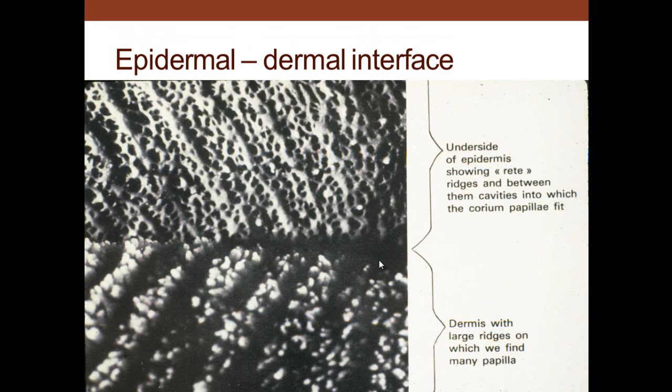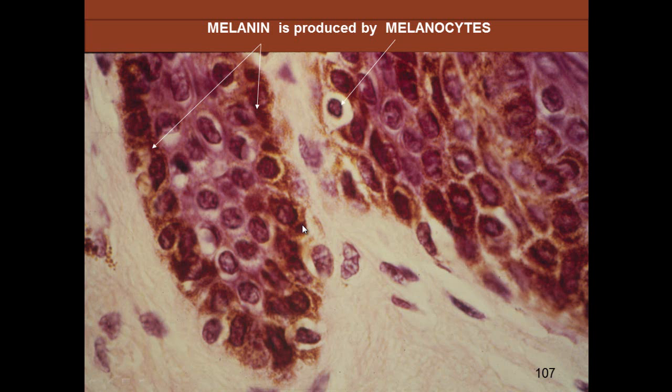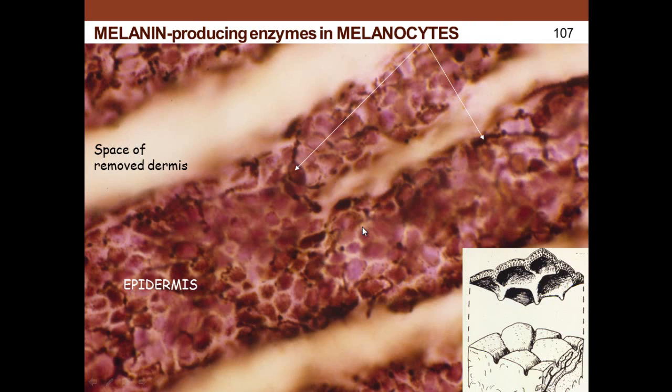So if we pull the epidermis off, you will see little holes in there. This is where the dermal papillae projected into those holes. Here we can see melanocytes, the clear cells in through here, and melanin granules that are produced here. But also we can see the dermal papillae projecting up through there as well.